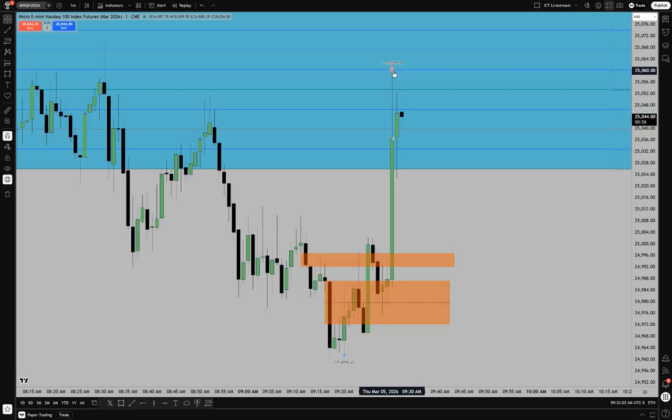It's 56 handles, 56 and a quarter handles. $36.60 to make still for the day.